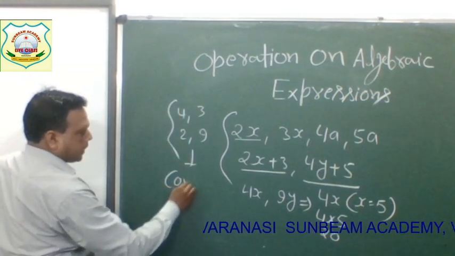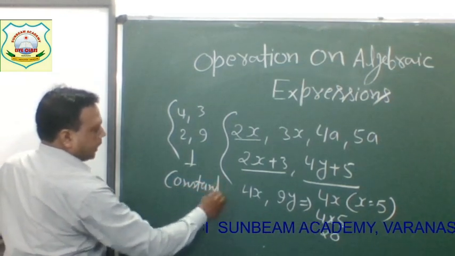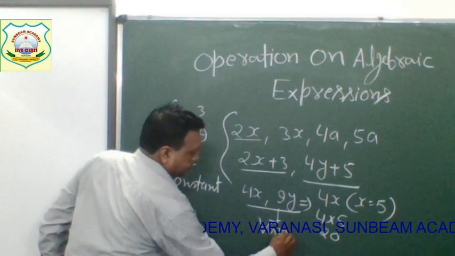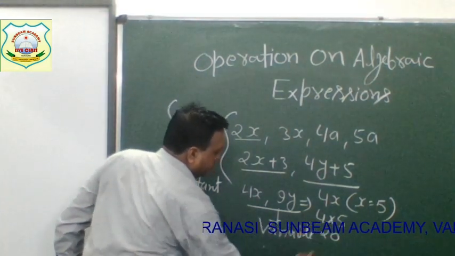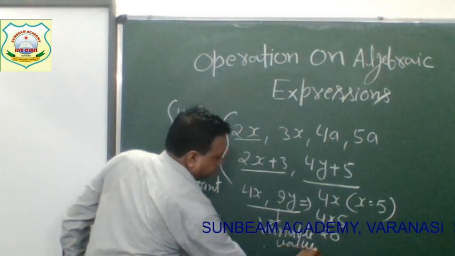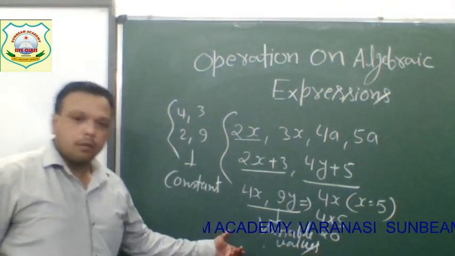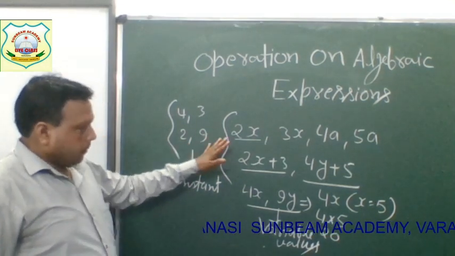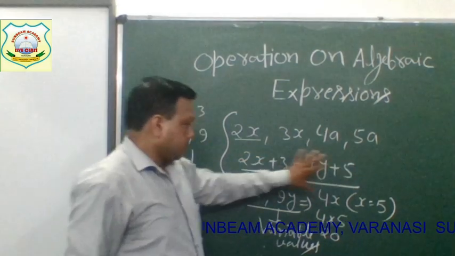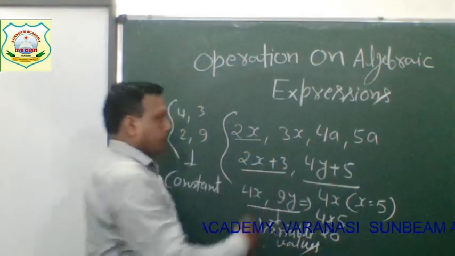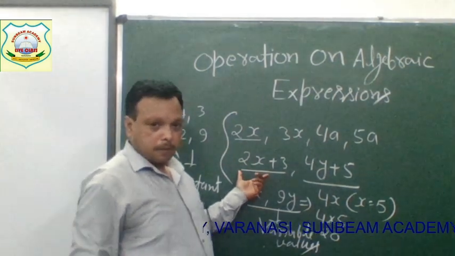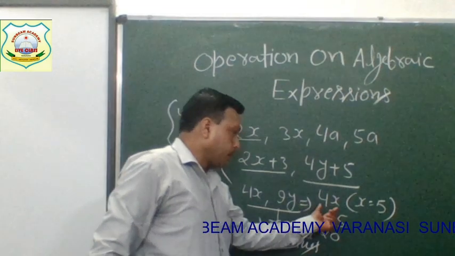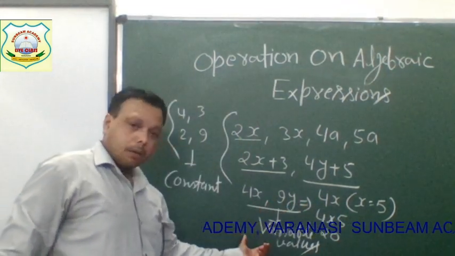A constant value never changes, but a variable value always changes. Students, 2x plus 3 and 4y plus 5 are algebraic expressions. Now, what we have discussed, 4x and 9y are variable values.